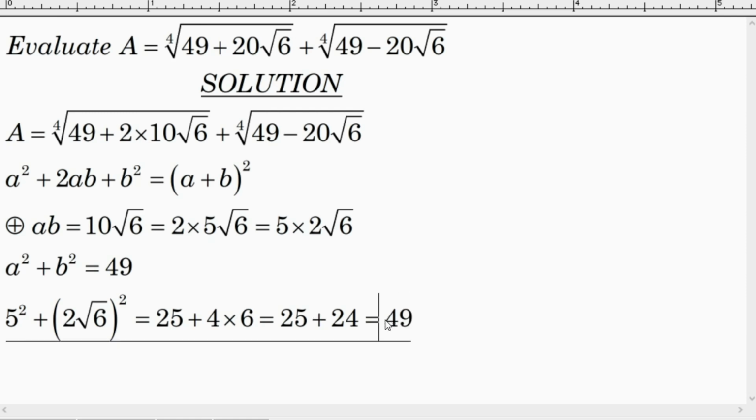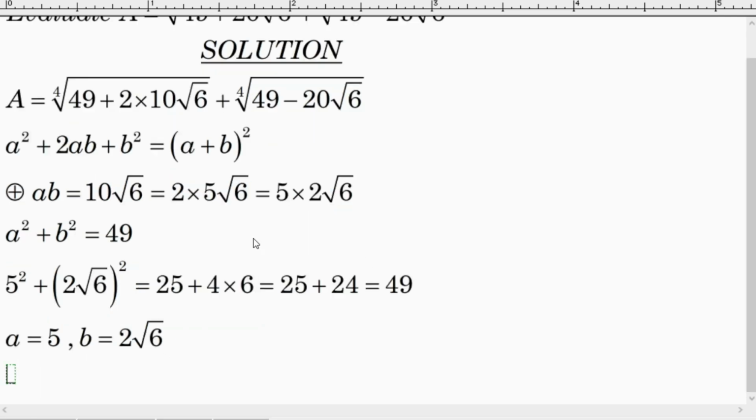Now we have found that it is equal to 49, like we wanted. So we can take the values a equal to 5 and b equal to 2 square root of 6.